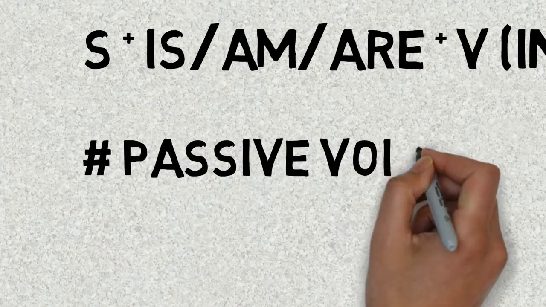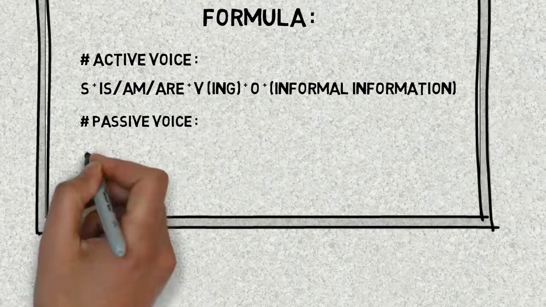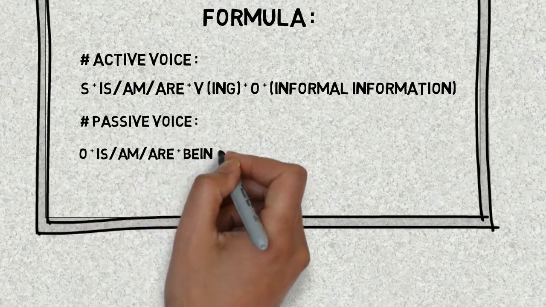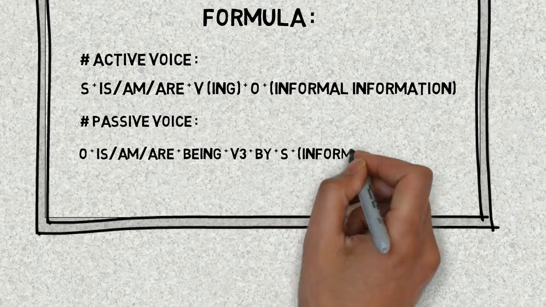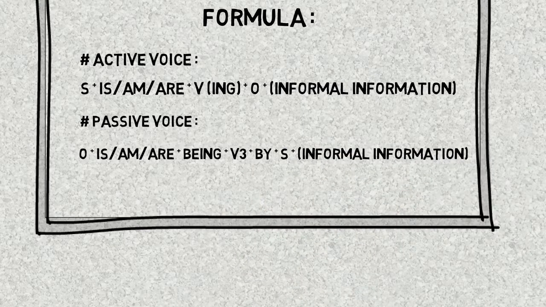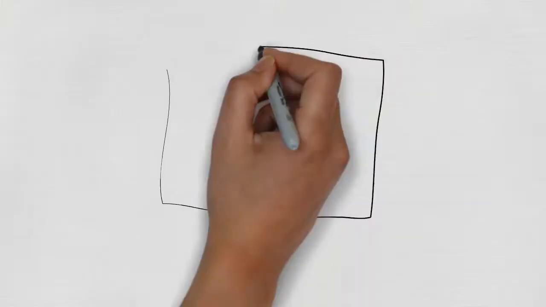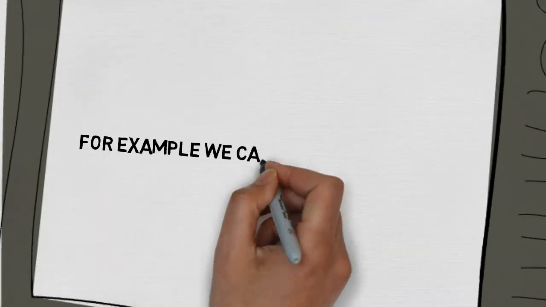And the formula for the passive voice is object plus is or am or are plus being plus verb 3 plus by plus subject plus informal information. For the example we can see from this video.